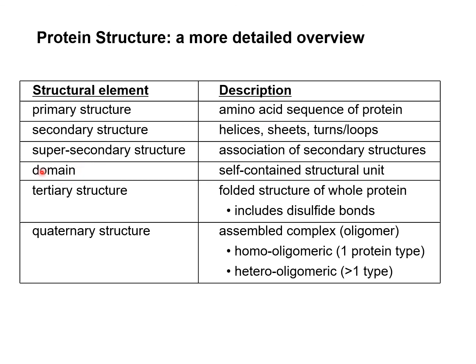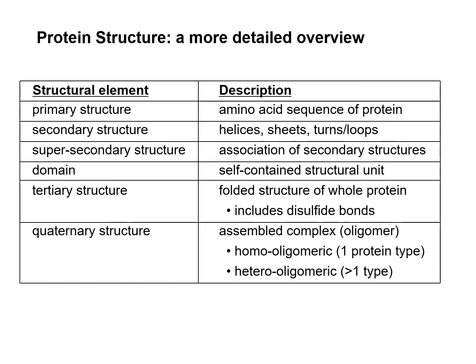And the domain is a part of a polypeptide that can work as a module, actually a functional group. So it's a self-contained structural unit and typically has a particular function and gives a special feature to the protein or the polypeptide that contains such a domain.